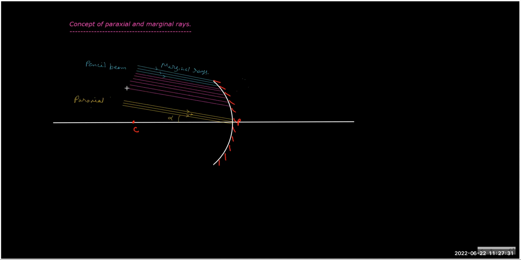So a small portion or segment of such a beam near the edge we call marginal, and near the principal axis we call paraxial. Then we will not name such rays in between, something like an intermediate beam. So generally in literature, we take care of only the extreme cases, not the individual cases. I hope this is clear.